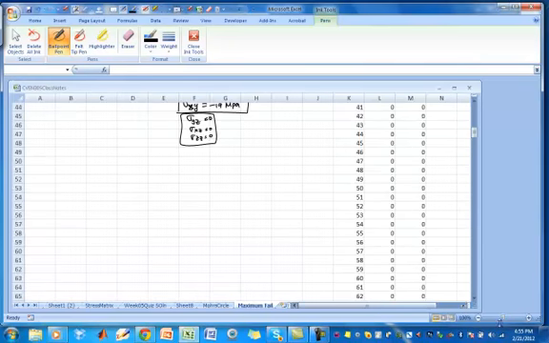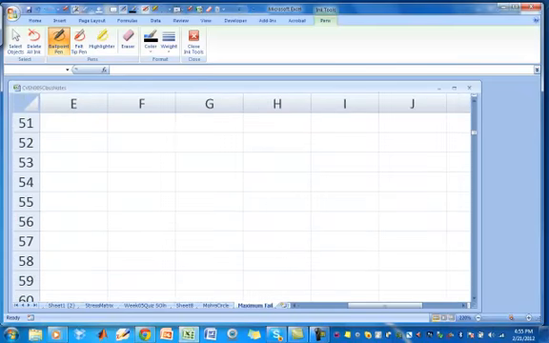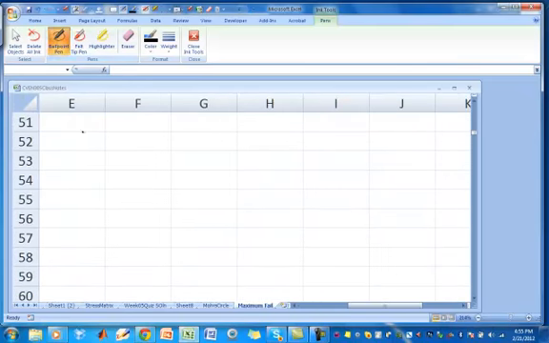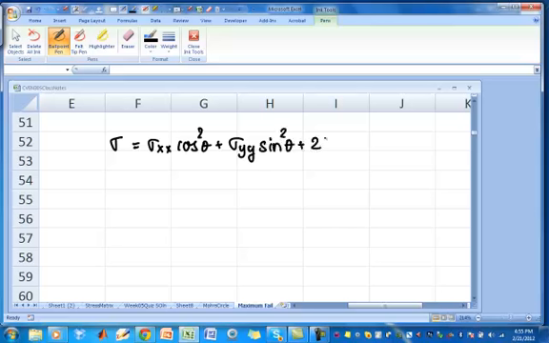Our formula is going to look like this. Sigma equals sigma xx cos squared theta plus sigma yy sin squared theta plus 2 sigma xy sin theta cos theta.